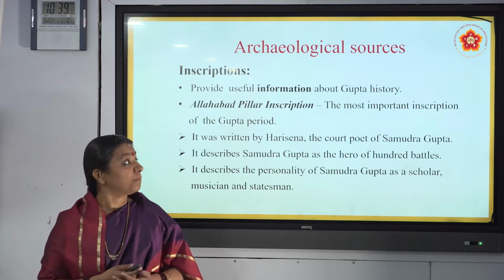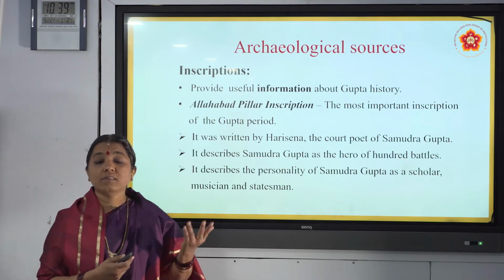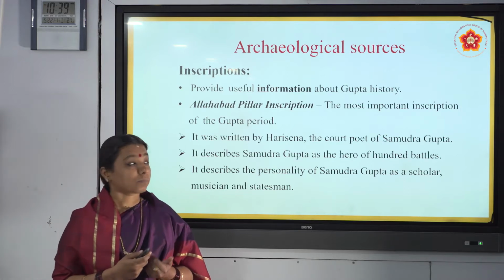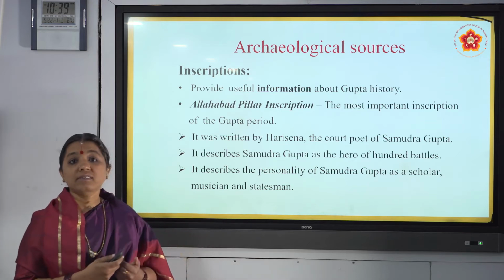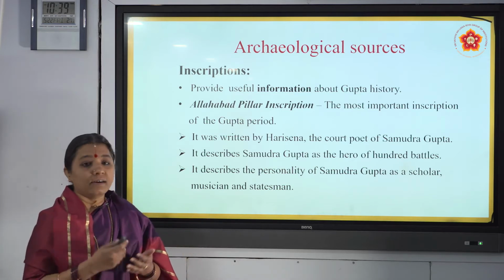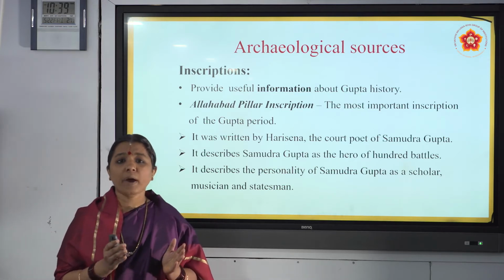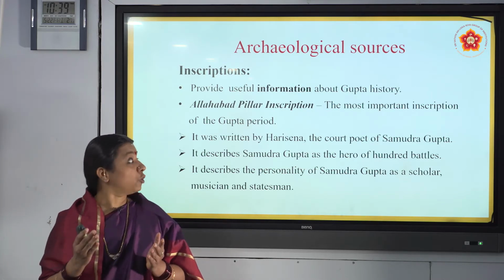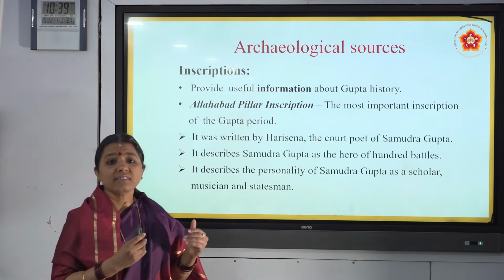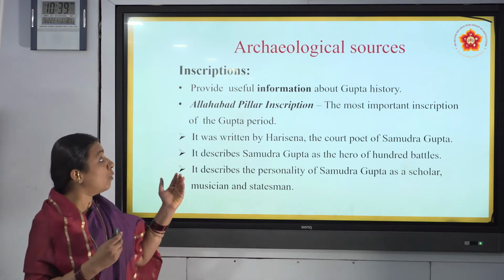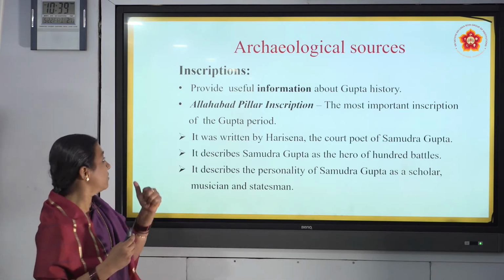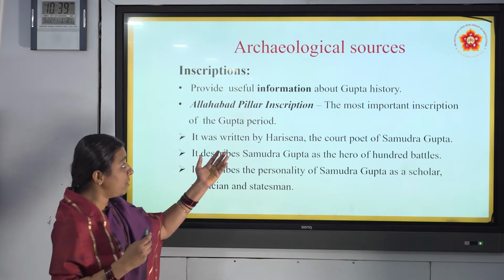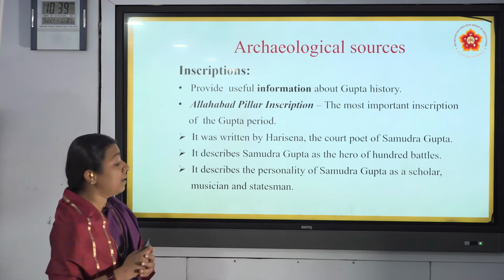They include coins, monuments, tools, jewelry, inscriptions, seals, etc. These archaeological sources provide us with valuable information to know about Guptas. The first archaeological source to know about Guptas is inscriptions. These inscriptions provide us useful information about Gupta history.